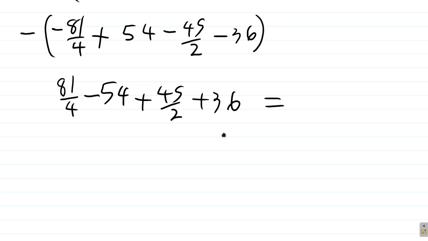My on-screen calculators don't have that feature where they work out fractions, but I have a fraction calculator here with me. 81 over 4 minus 54 plus 45 over 2 plus 36 equals 99 over 4. It's 99 divided by 4. So that is our answer.